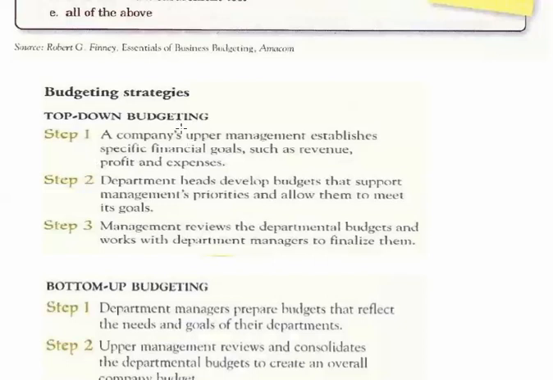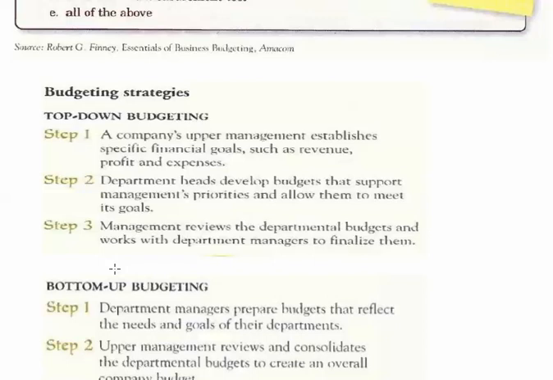So after upper management, which is the top, then department heads. Step number 3, management reviews the departmental budgets and works with the department managers to finalize them, to finish the budget.